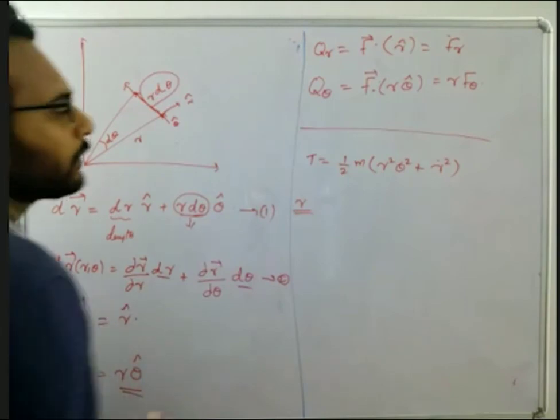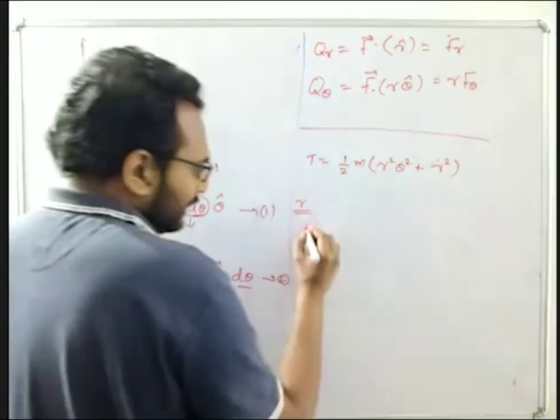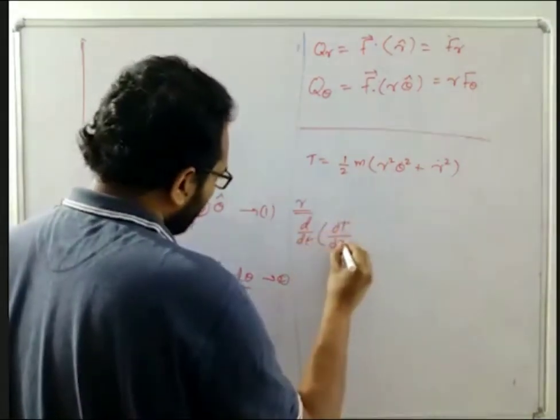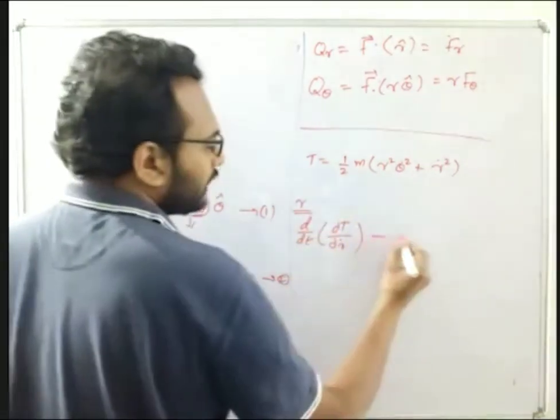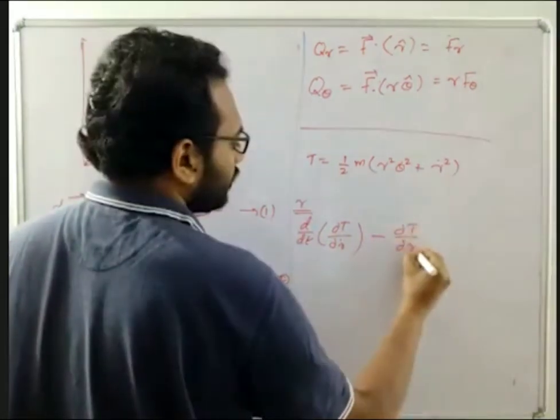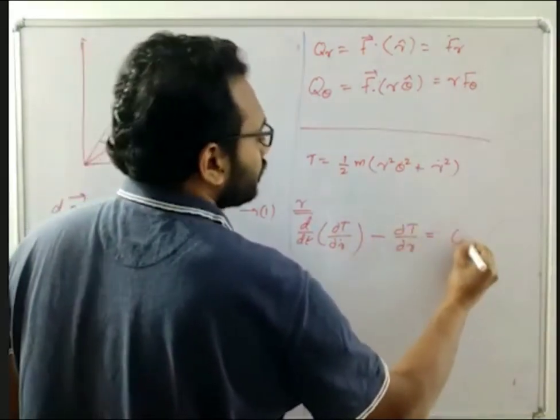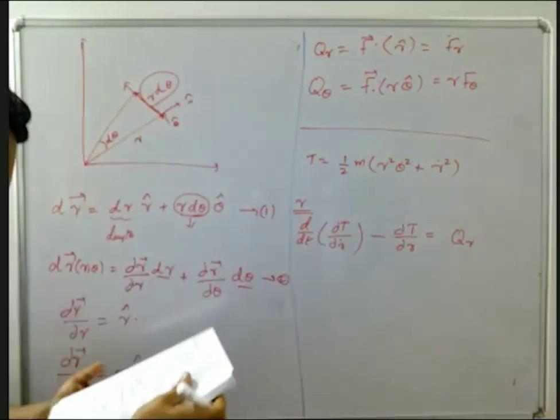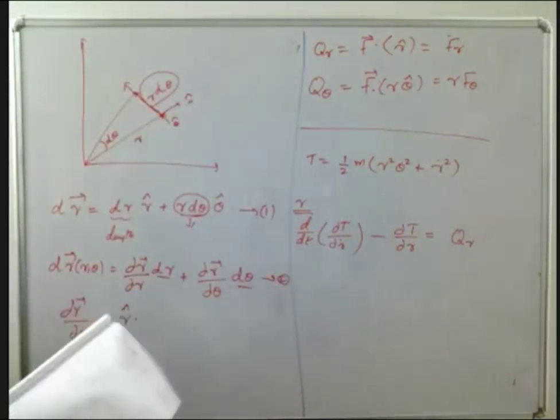So we can write this as d by dt of dou T by dou r dot, minus dou T by dou r, is equal to Q_r. This is the equation for r. Now what's dou T by dou r dot from here?